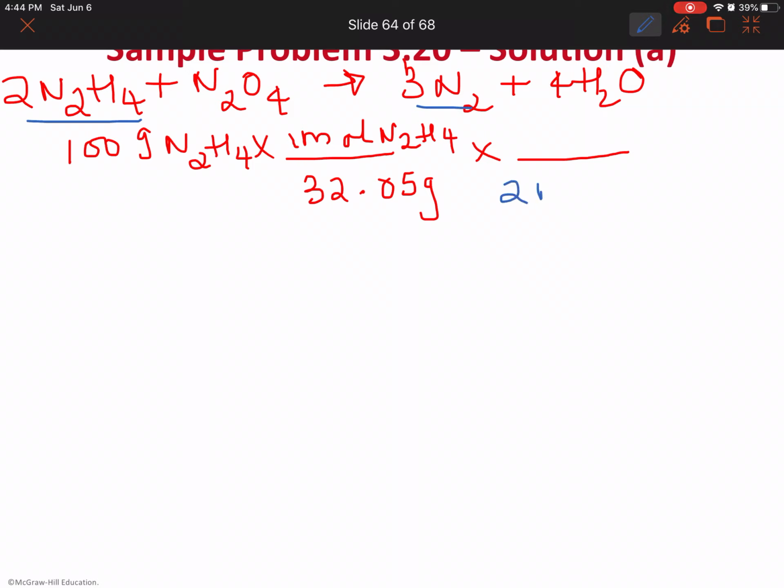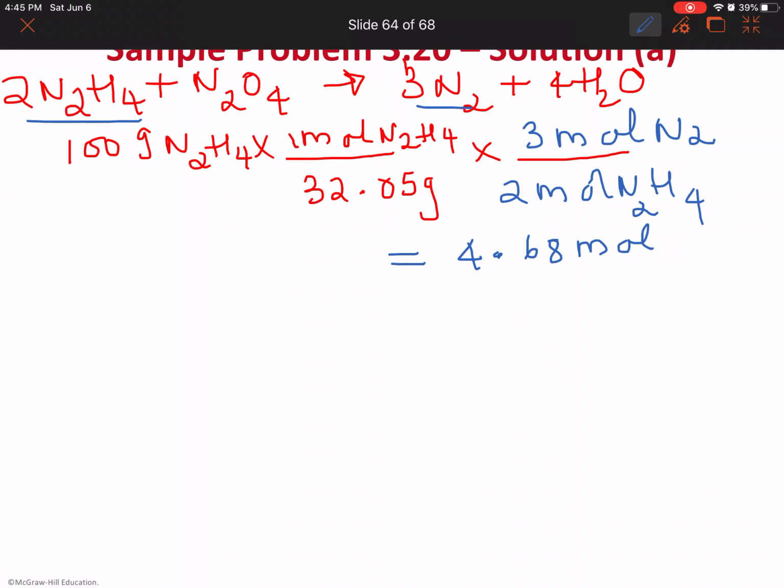So 2 moles N2H4 react to give you how many moles of nitrogen? 3 moles nitrogen. This will give you the number of moles of nitrogen that can be formed with 100 grams of N2H4, and that will be 4.68 moles nitrogen.